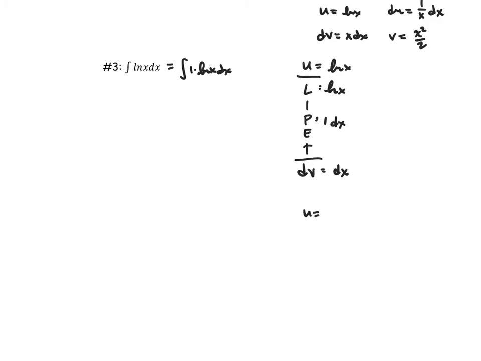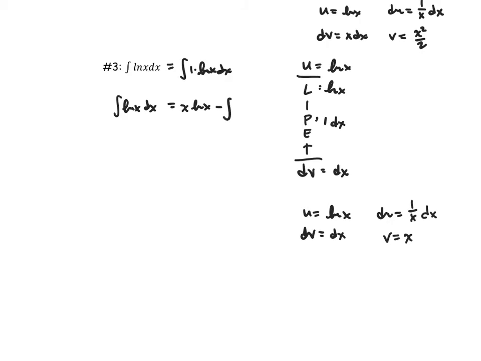Okay, so let's identify du. If u is ln of x, then du is equal to 1 over x dx. If dv is dx, then v is x. Okay, so let's continue our work here. The integral of ln of x dx is uv, which will be x ln of x, minus the integral of v du.